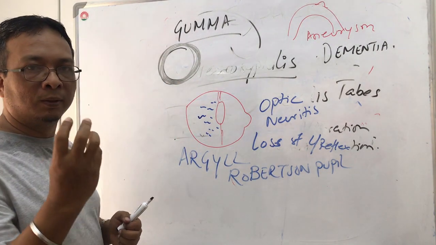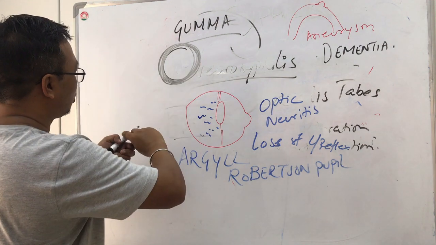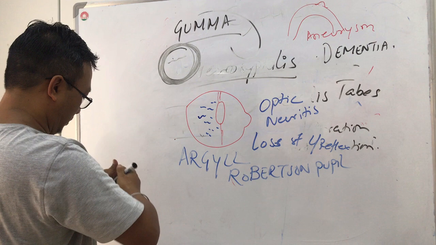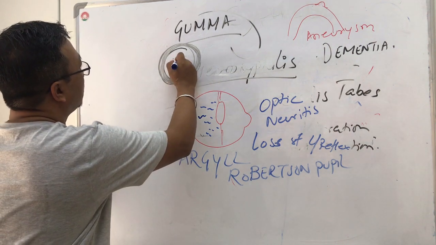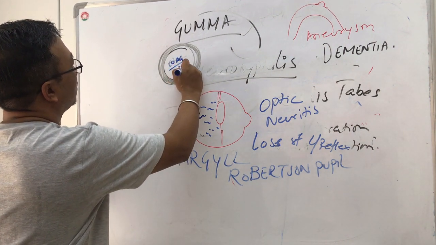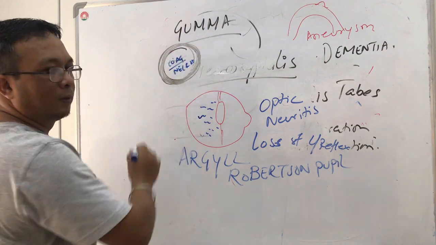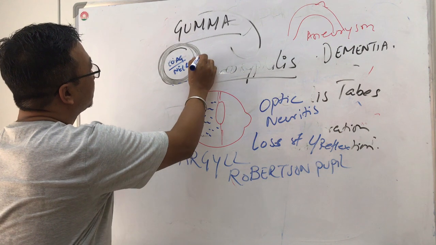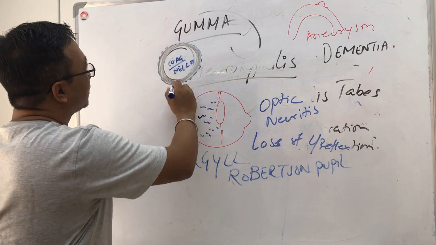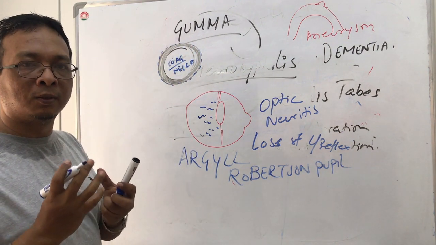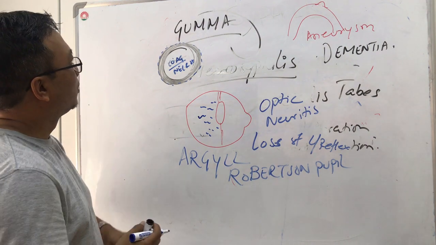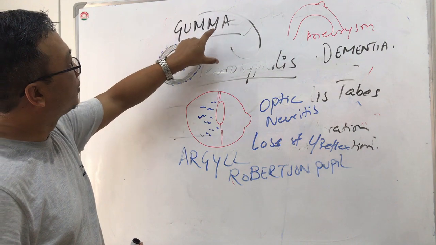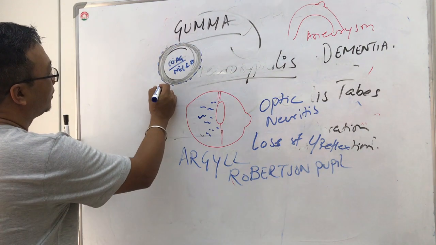It is a nodule, and inside there is coagulative necrosis, with a layer of immune cells and fibrosis. This is a non-cancerous lesion, but it looks like a nodule. This is called a gumma, and the most common location for gumma is the liver.